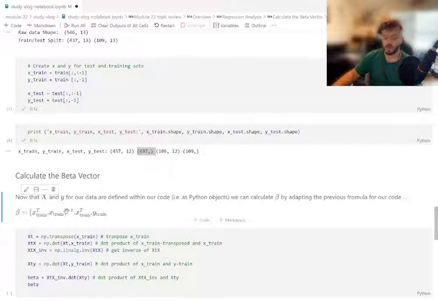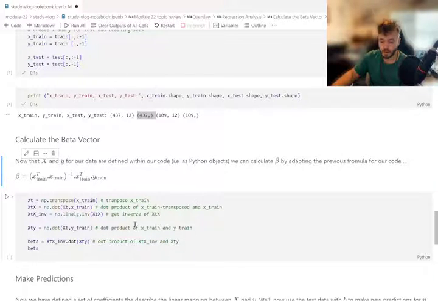So we're using all of our training data here to calculate beta, or our beta vector.